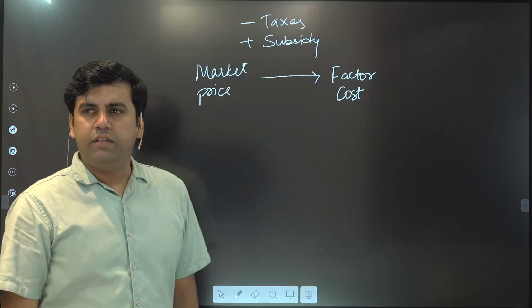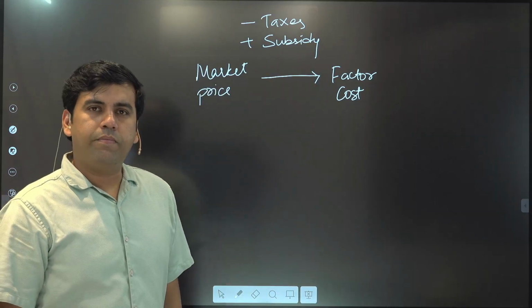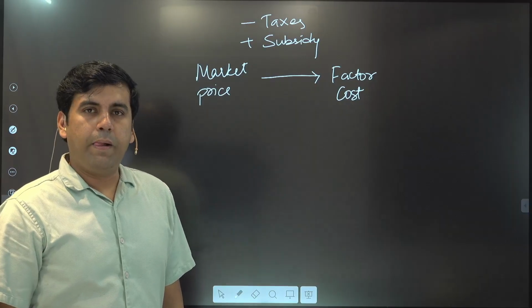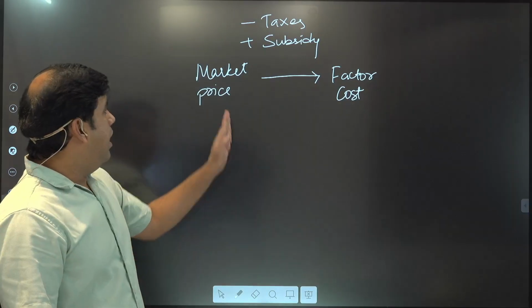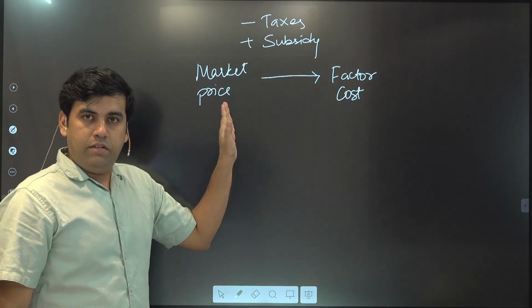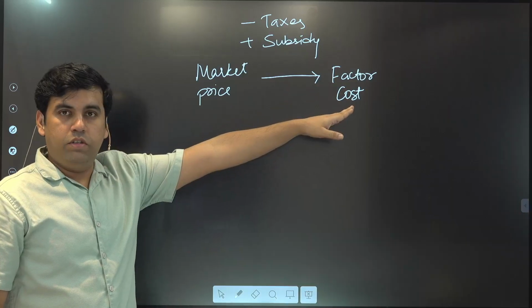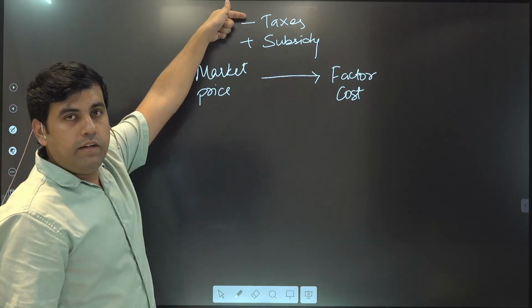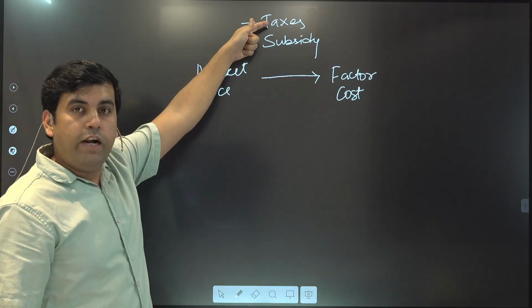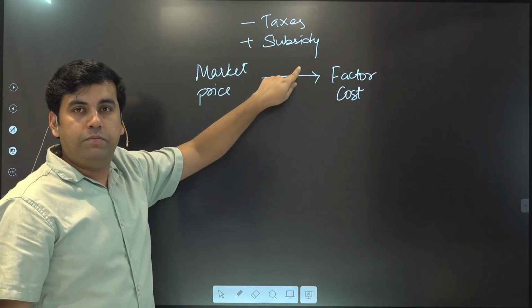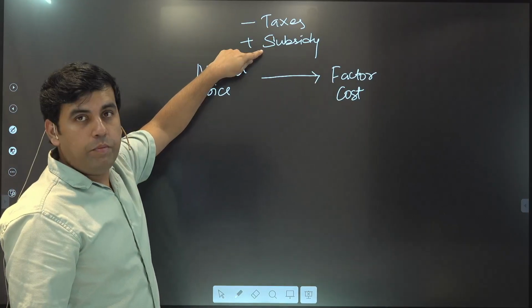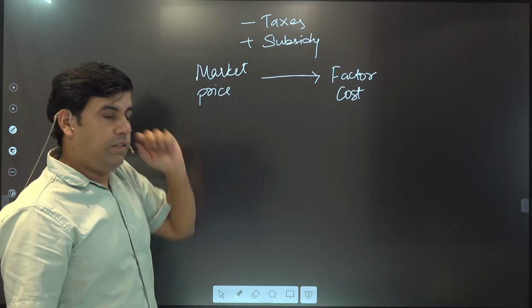Right? Or should I do the opposite? Is this correct? I want to go from market price to factor cost. I will subtract taxes, and whatever I do with the taxes, I will do the opposite with subsidy. If this is negative, that will be positive. They will be opposite of each other.